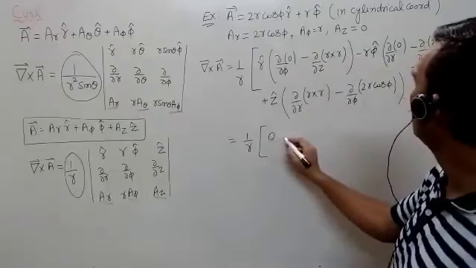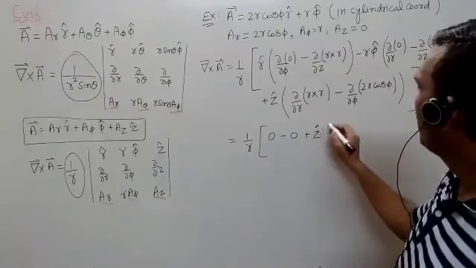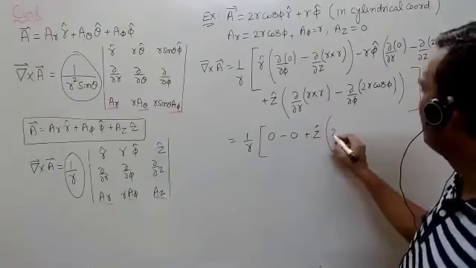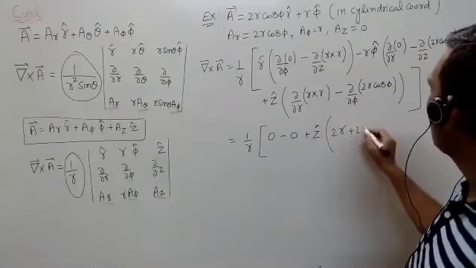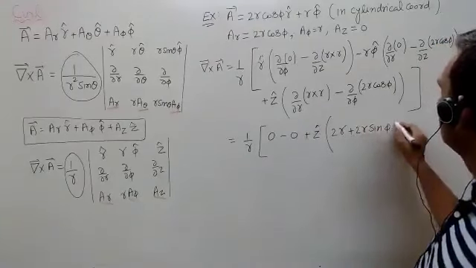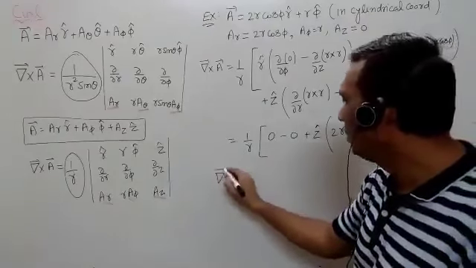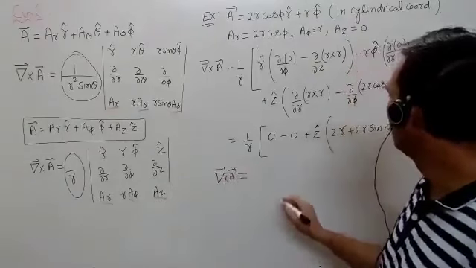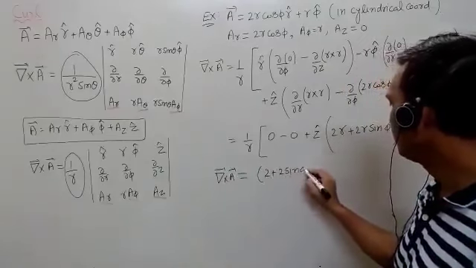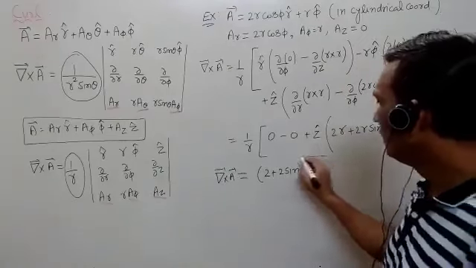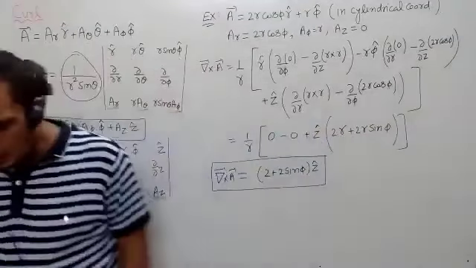These first two terms are 0. Now last term is plus Z cap. This will give you twice R and this will give you plus 2R sin phi. Then curl of A is 2 plus 2 sin phi Z cap. So this is curl of A in cylindrical coordinate system.